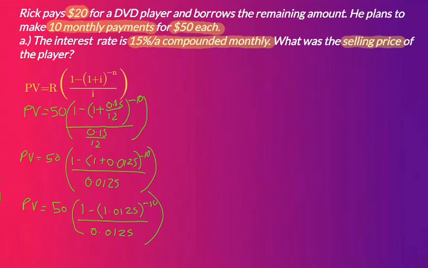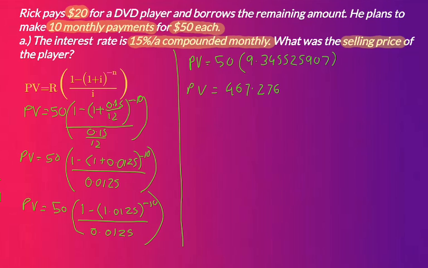If we plug it all into the calculator, then we get 9.345525907, and therefore if we multiply it by 50, we get 467.276.